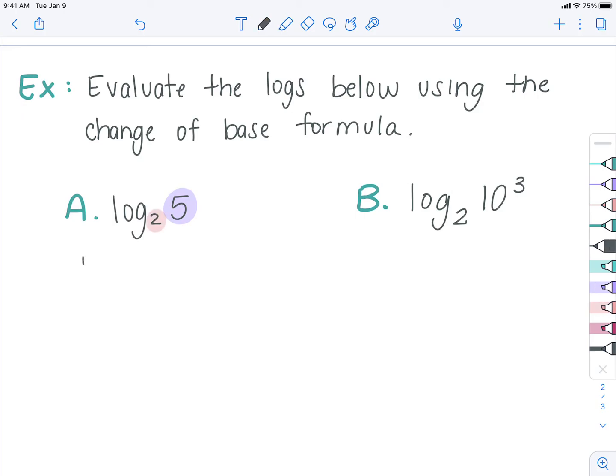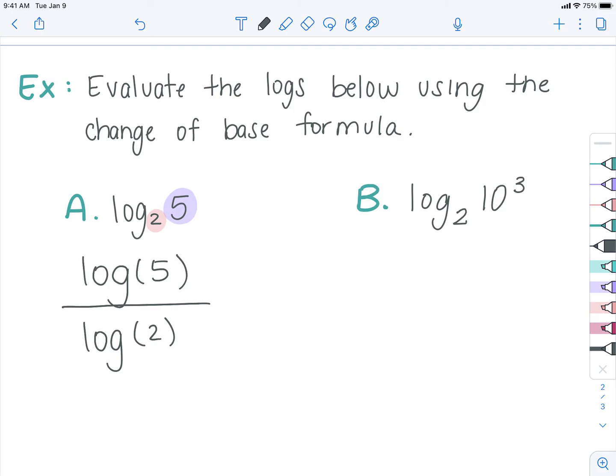So I would type into my calculator log of 5, and I want to make sure I close the parentheses, divided by log of 2, and that's going to spit out a decimal for me.